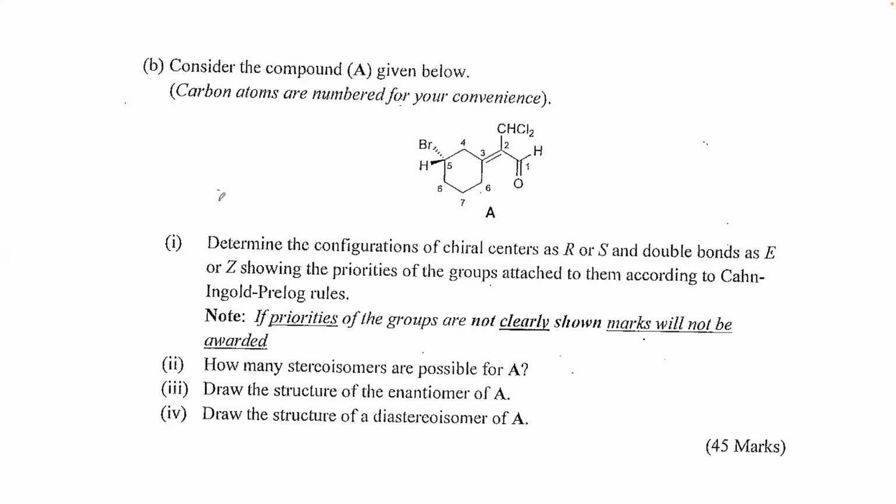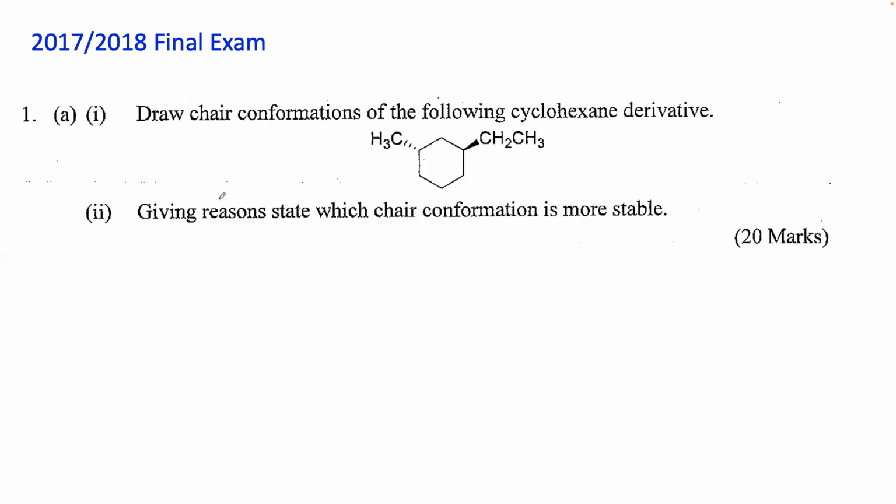I think I can maybe skip this one because it's very similar to the one we did before. So I'm going to skip this one so you can try it. Draw chair conformations of the following cyclohexane derivative, giving reason, state which chair conformation is most stable.